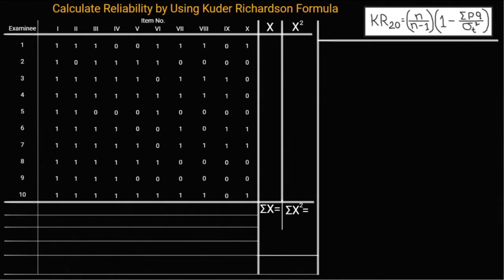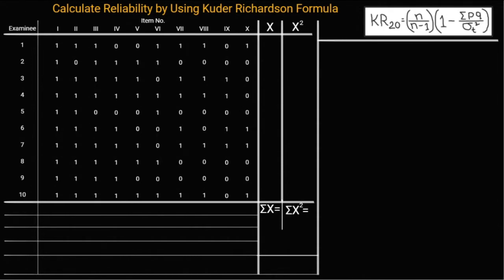Their formulas KR20 and 21 have become very popular and well known, but there are some requirements for the use of the KR20 formula. So what are the requirements?